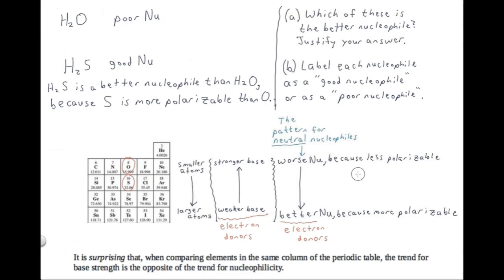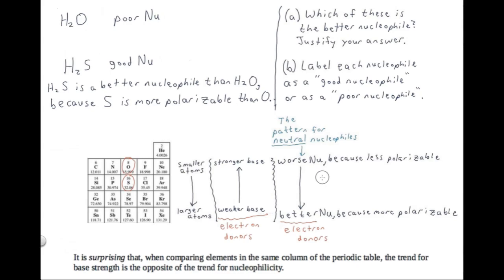That makes it especially important just to memorize these trends, especially the trend for nucleophile ability, since we've given a less full justification for that. This trend for nucleophile ability is probably not what you would have predicted based on the trend for base strength, and therefore it's important to memorize it.